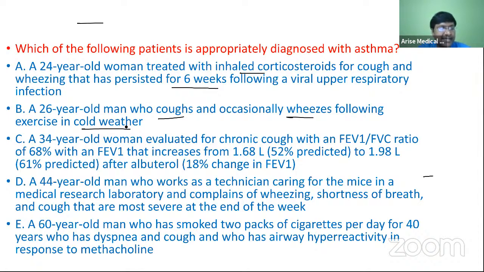Fifth option, a 60-year-old man who has smoked 2 packs of cigarettes per day for 40 years, who has dyspnea and cough and who has airway hyperreactivity in response to methacholine. So the question is, who is diagnosed with asthma? The answer is very, very simple, I'm telling you. Only the options look very lengthy, but still you can crack the question.